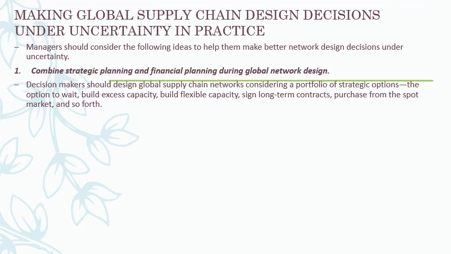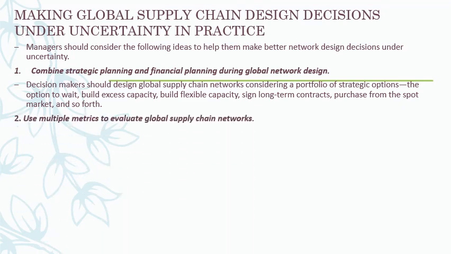Better to purchase from the local market. So these are all the various options. So what does that mean? You need to have strategic, long-term planning. Along with it, you need to have short-term financial planning.